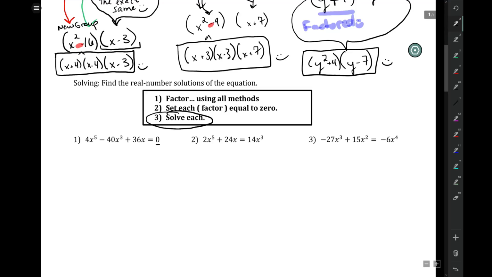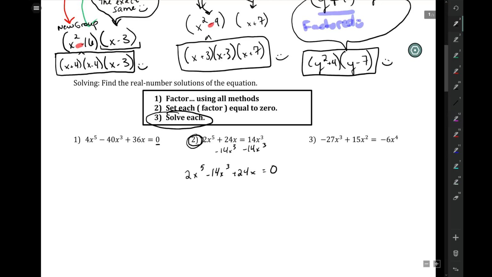So actually, let's look at number 2, because first we need to set it equal to 0. So we'll subtract 14x to the third. Okay, that means we have 2x to the fifth minus 14x to the third plus 24x equals 0.